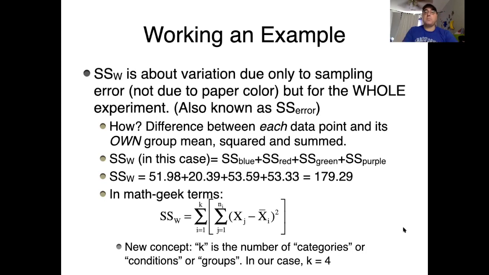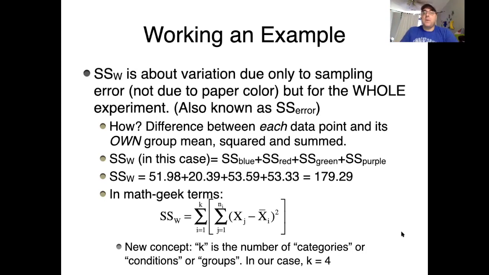That means comparing one person to all the other people in their own group. But we don't need to do that just for one group. We need to do that for all of the groups in the study so that we can get an estimation of how much error there is in the entire study, the entire experiment. When we get that sum of squares for the entire experiment, we're going to call it sum of squares sub error, the error term sum of squares.